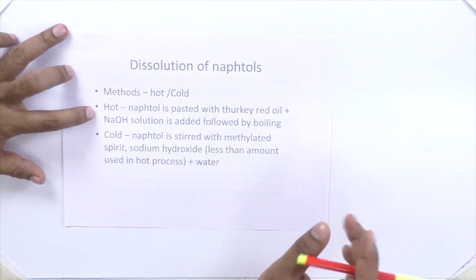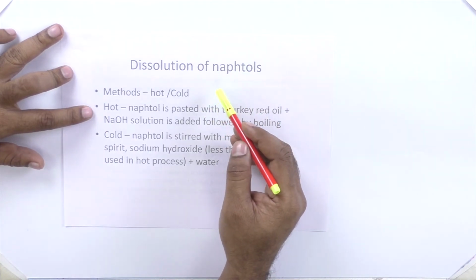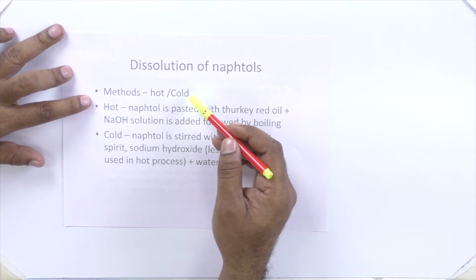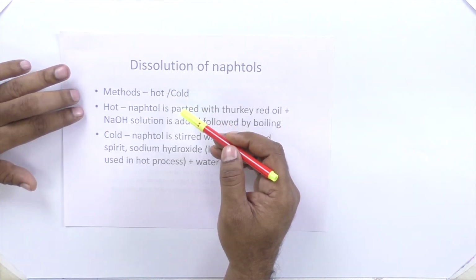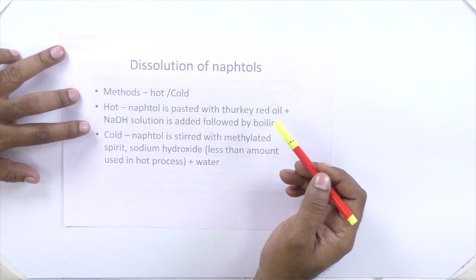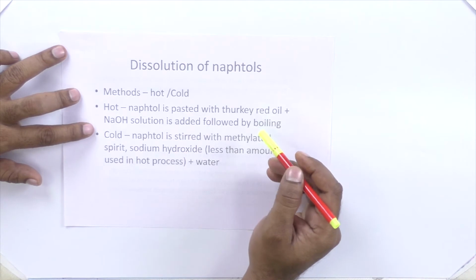Now the dissolution of naphthol, that means the solubility of naphthol. There are two methods involved, the hot and cold method. In the hot method, naphthol is pasted with Turkey red oil and sodium hydroxide solution, followed by boiling.